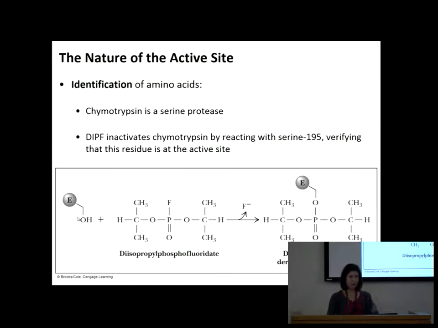And by looking at the structure, scientists figured out this one might be at the active site. So what they're going to do is put a piece of masking tape over that one amino acid residue. So the masking tape is DIPF in this case. And it binds and sort of covers up our serine amino acid residue.